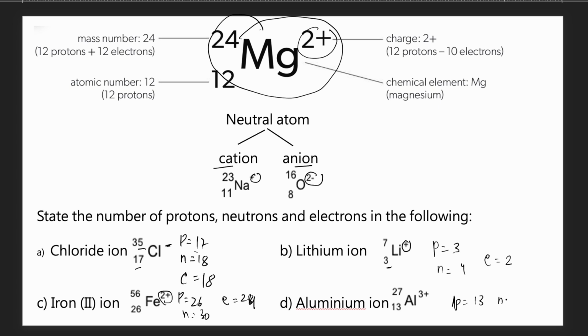Neutrons, 27 minus 13 is 14. Electrons should be 13. Lose 3, so it becomes 10. So the conclusion is for a cation, the number of electrons is smaller than the number of protons. And for an anion, the number of electrons is bigger than the number of protons.